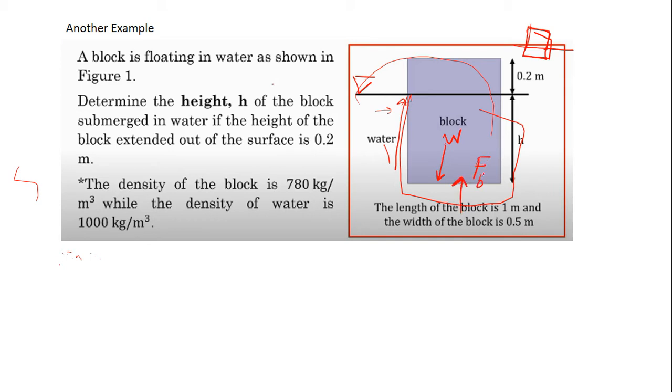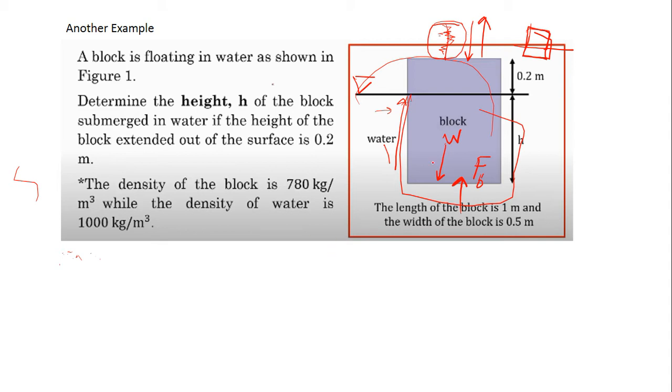We don't have any external force, because it's floating. We don't need this in your FBD. You don't have any external force, whether acting downward or upward, because the body is floating.